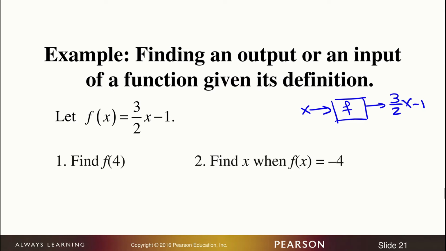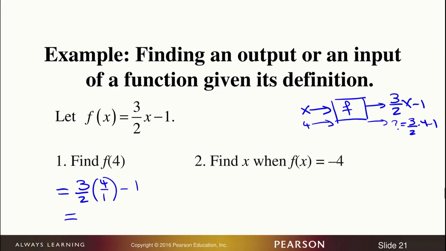So now we want to know what the output of this function will be if the input is 4. So we want to know if we plug in 4, what comes out. Of course, we know that all that's going to happen is we're going to take what we have x and we're going to replace it with 4. So we're going to get 3 half times 4 minus 1, like so, right? So we're going to get 3 halves times 4. We can write it as 4 over 1 if we like, to make it look like a fraction. And then minus 1, right?